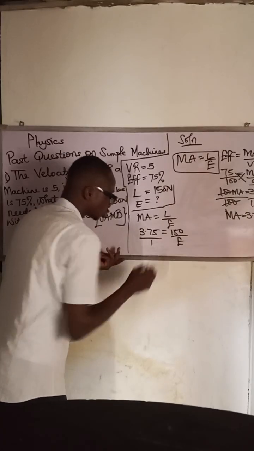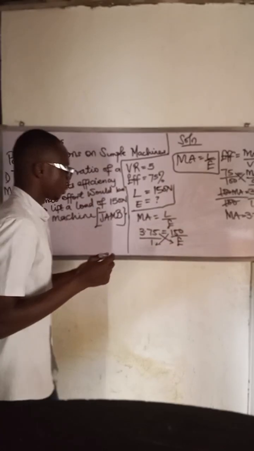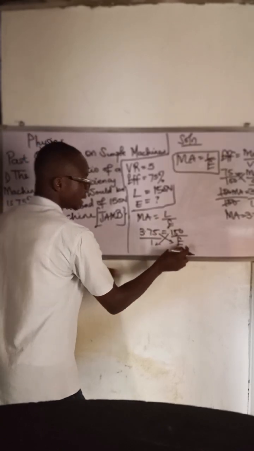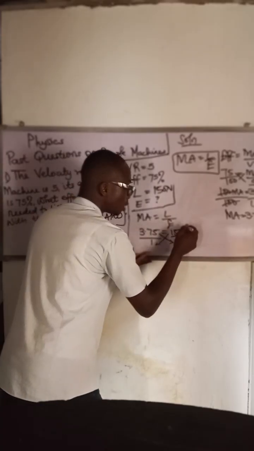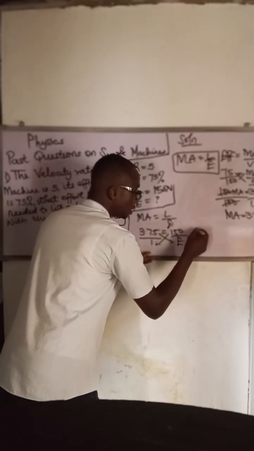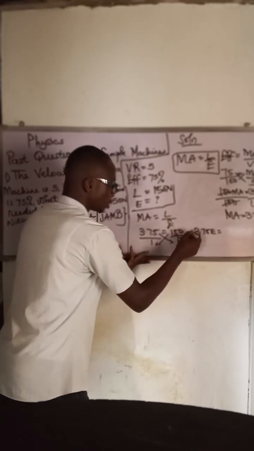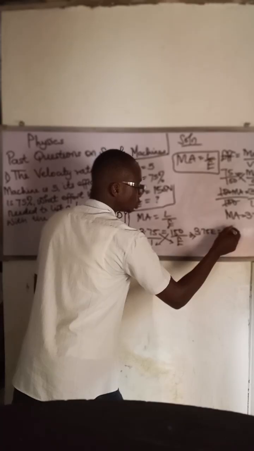So the same thing, you just cross multiply, just for clarity's sake. 3.75 times E, I'm cross multiplying. So you have is equal to 3.75 E. Then 150 times 1 is equal to 150.